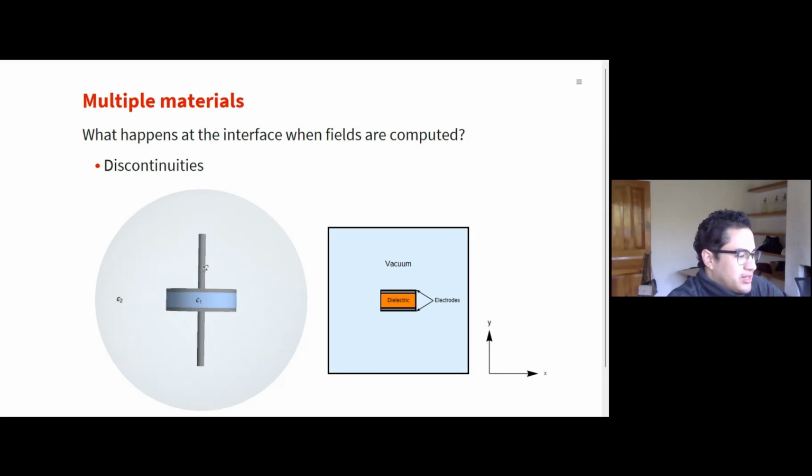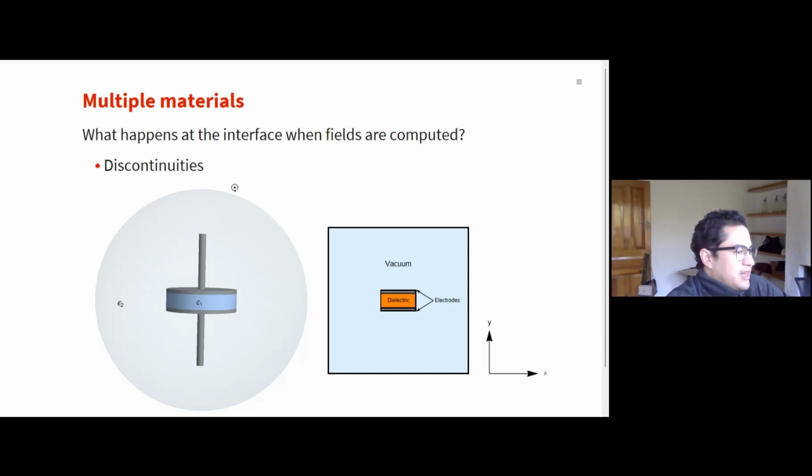So for example, in this case, one can model a 3D capacitor. You model the dielectric region between the electrodes, and also you can model the volume surrounding the capacitor, that can be vacuum or air, or, in this case, a 2D model of the same capacitor.